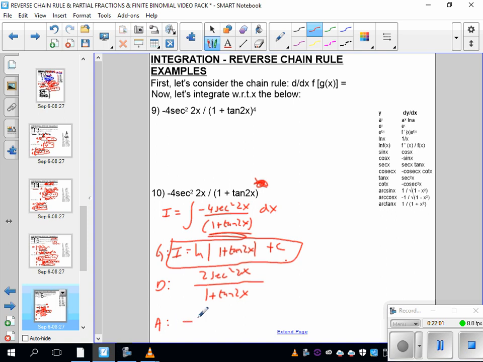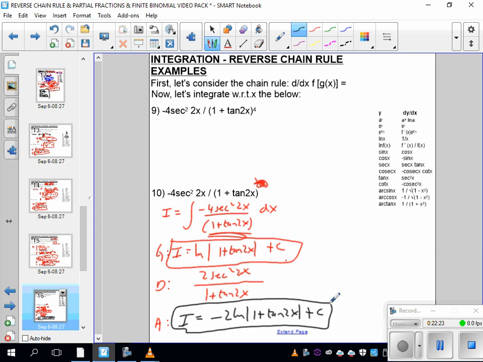So to adjust, my original answer was ln. So we're going to times my answer by minus 2. So minus 2 ln 1 plus tan 2x plus c. And if you differentiate that to check, that will work.